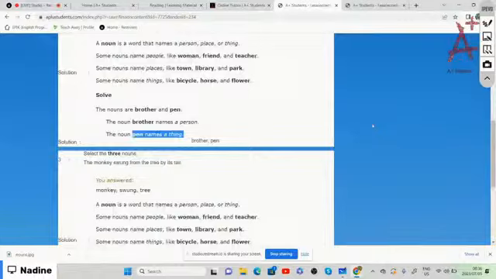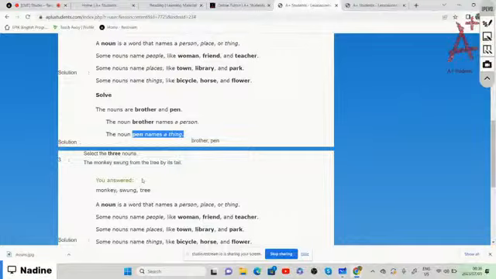Okay, so they want us now to select three nouns within the sentence. Three. The monkey swung from the tree by its tail. We need to identify three nouns within that sentence.